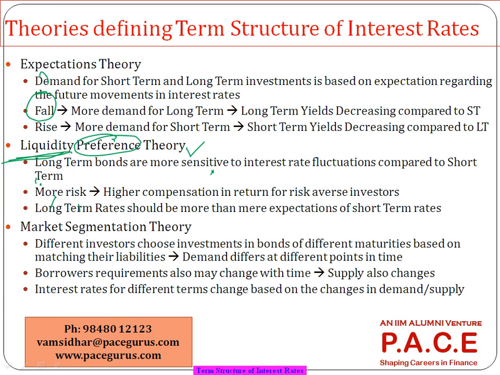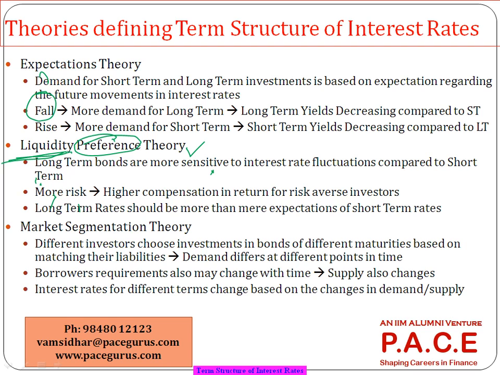So obviously, this mechanism, which is the liquidity preference theory, is saying that it's not just the demand for short-term investments based on the future expectations, but definitely the longer-term ones will have slightly more returns compared to the shorter-term ones because of the liquidity preference that has to be given.